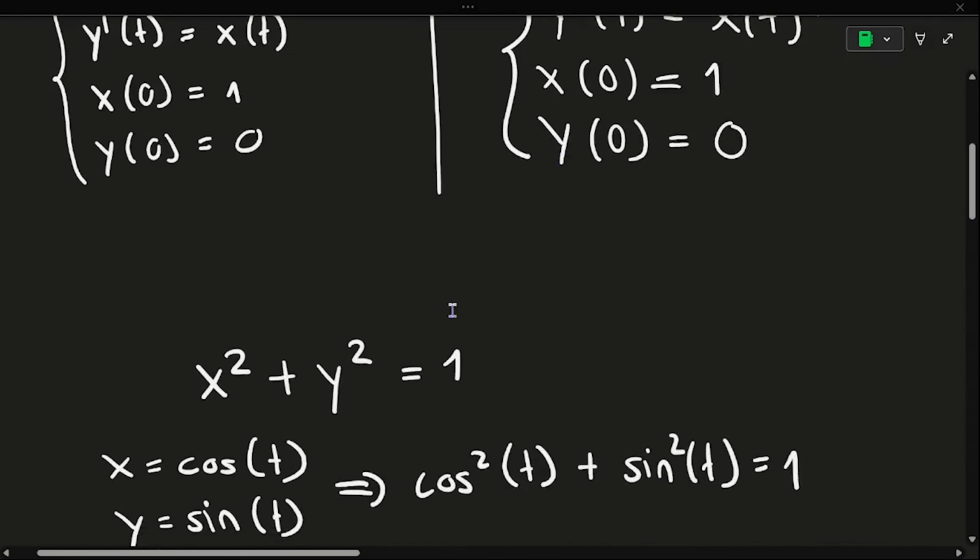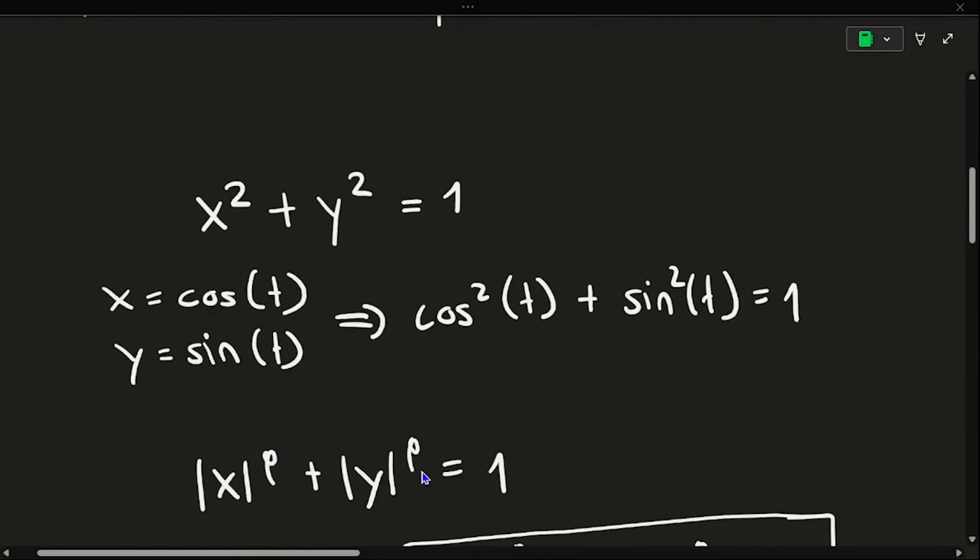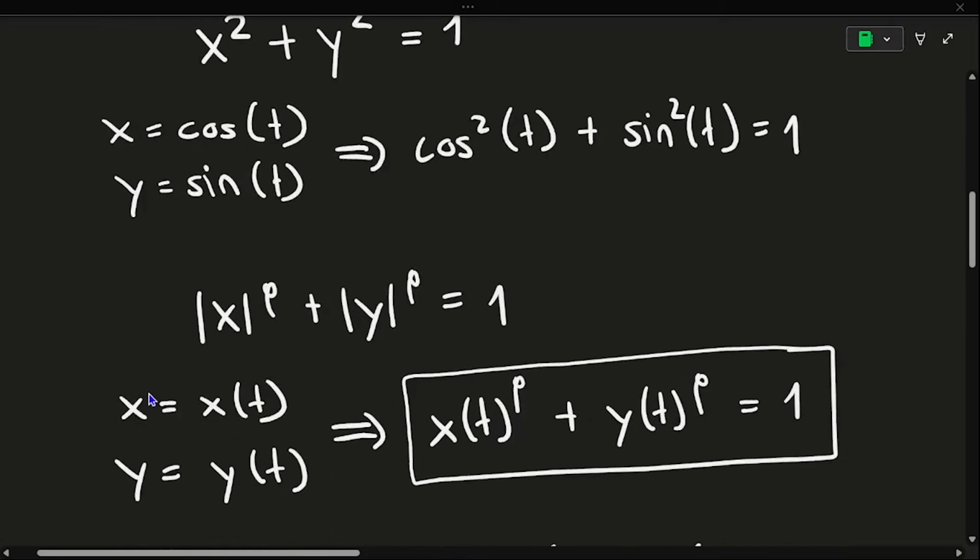The general idea is that when we had the unit circle, it was defined by this equation right here, and when we set x and y to the functions that parametrized it, we got, as we know it, the Pythagorean identity. Now we are dealing with this defining equation for our p-circles. And we don't know what the functions are that parameterize them, so we just call them x of t and y of t.